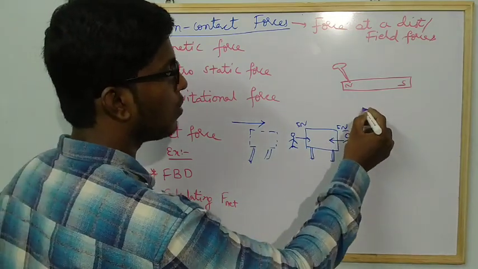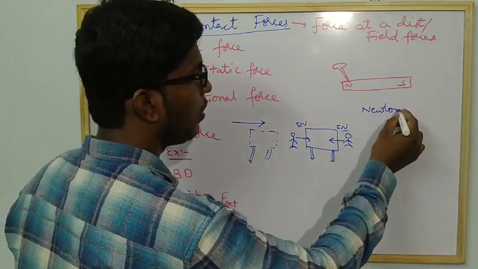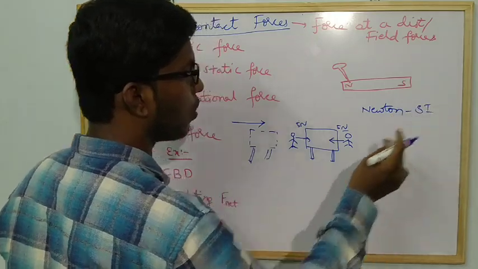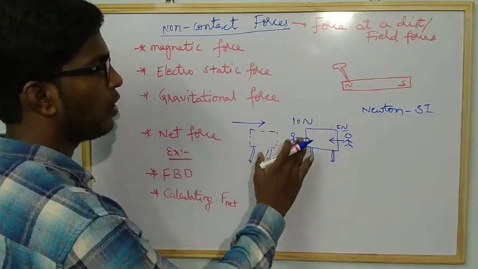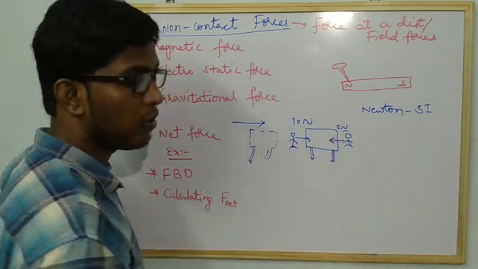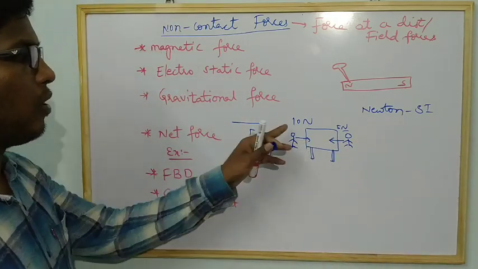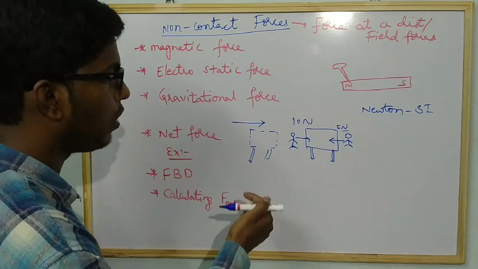Newton is the unit of force, that you have to remember. The SI unit of force is the Newton. Suppose this person applies 10 newtons, definitely the bench will move towards the right side because his force is more. So how do we calculate the net force?